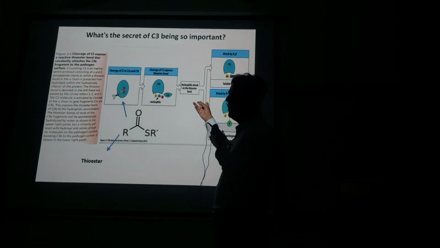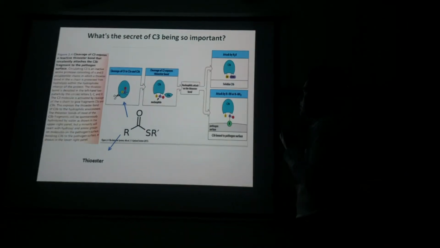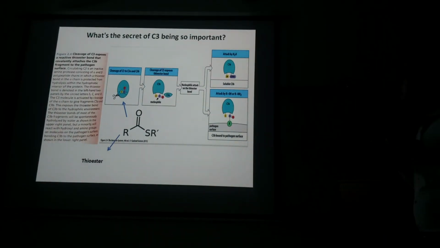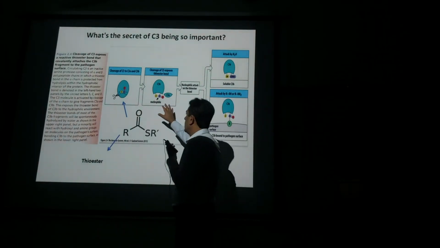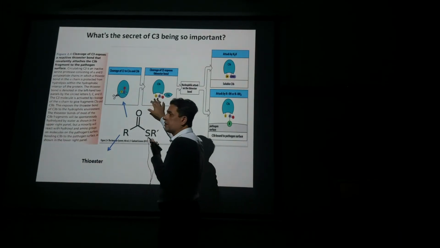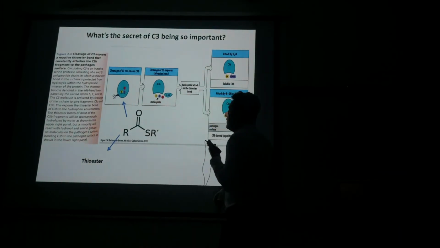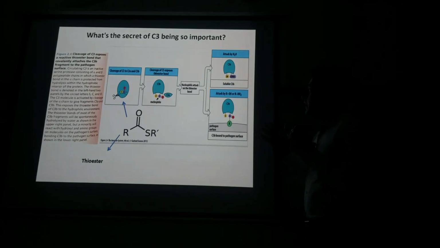But when you cut it into pieces at certain places, then this thioester bond is exposed. The smaller C3a part is detached, exposing this particular linkage, which is the thioester bond.